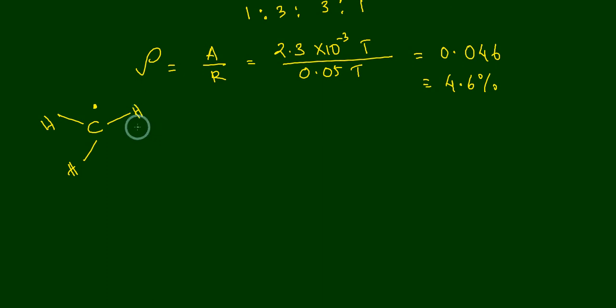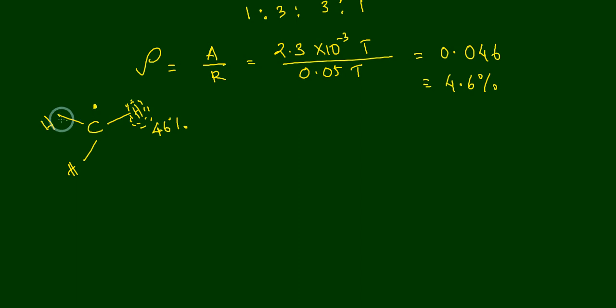If you are measuring the density of this single electron around a single hydrogen, that density is 4.6 percent.